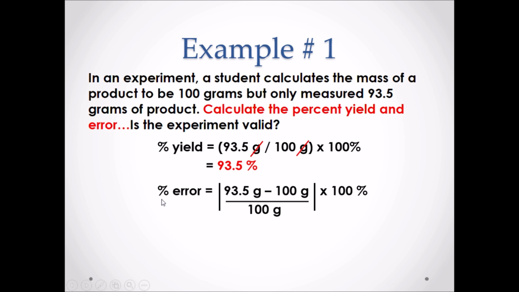To calculate percent error, we take the actual minus the theoretical and again divide by the theoretical and times that value by 100%. As a result, the percent error of this experiment is 6.50%. That means that this experiment is considered valid.